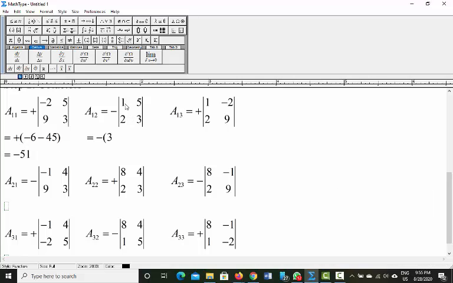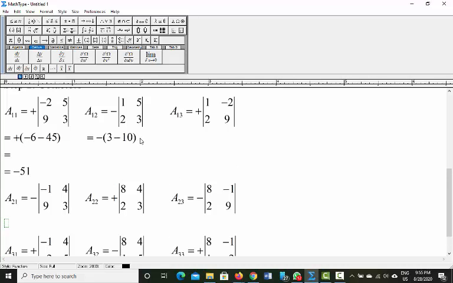So that means we will multiply this 1 with this 3, that is 3, minus, now we will multiply the left diagonal elements. So 5 multiplied by 2, that is 10. So 1 multiplied by 3 is 3, minus 5 multiplied by 2, that is 10.